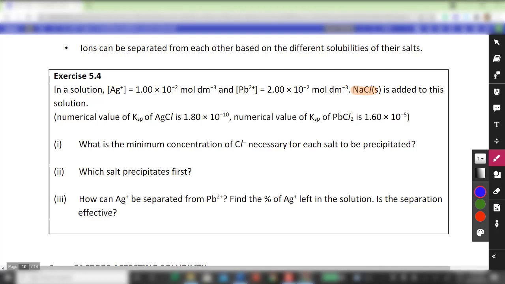So they just want to make the calculation easy for you. In most cases, please take note whether you are adding solid or you are actually adding solution, as it does make the calculation a little bit different. I mean, you can try to calculate if I'm adding solution in, but it's actually a little bit harder.